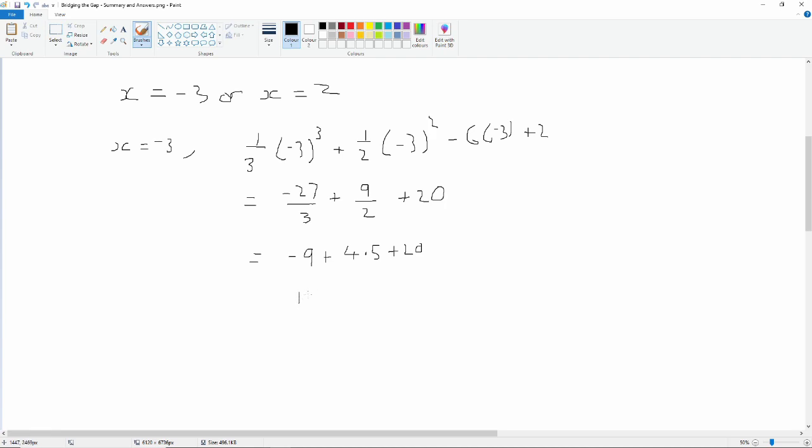So this is equal to 11 plus 4.5, which is equal to 15.5.